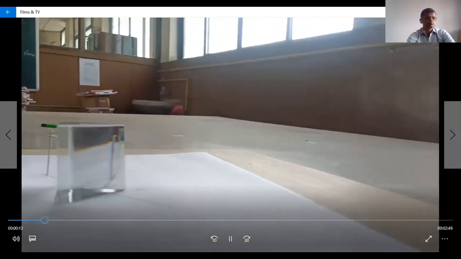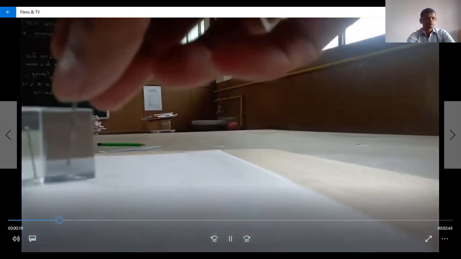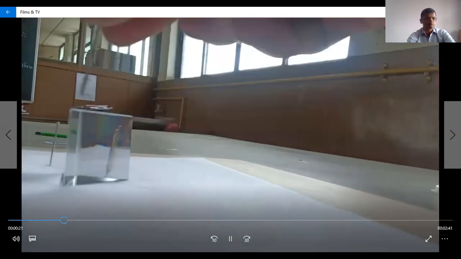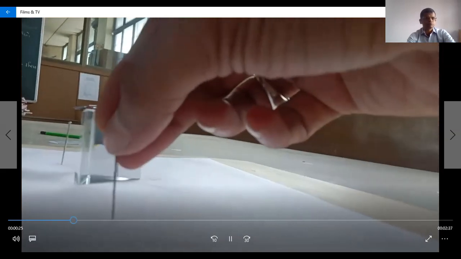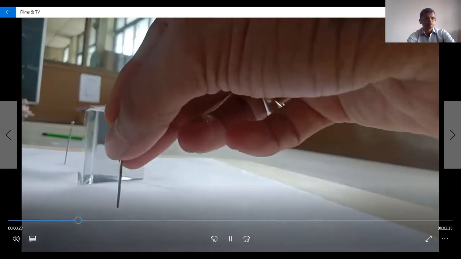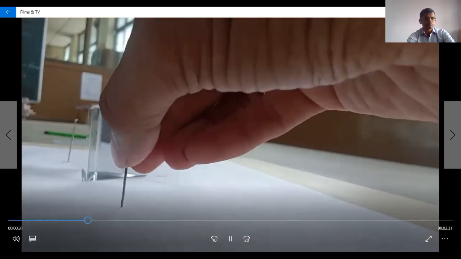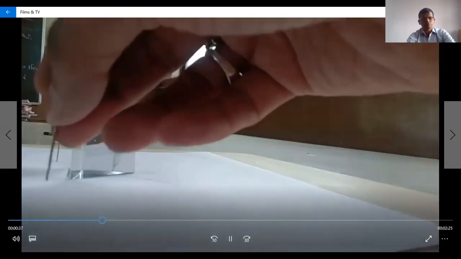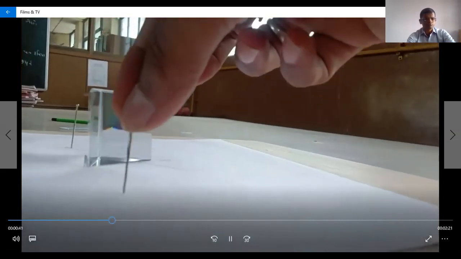Now we use one more pin, and we put it at one of the angles. Now all these three pins should come on this straight line. So you can clearly see here. We mention here that we want the three pins on one straight line at any one angle.